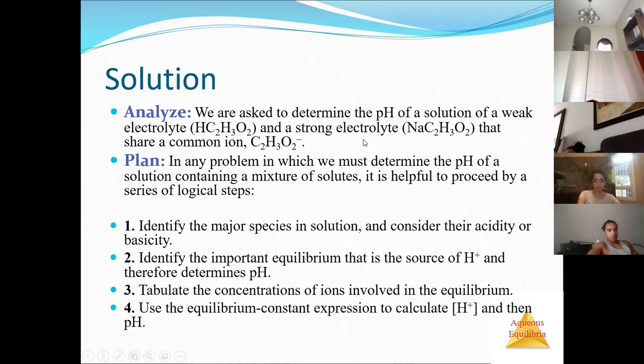We're going to determine the major species, determine their acidity or basicity. We're going to determine what the important equilibrium is, determine the H+, which determines the pH. We're going to do the ICE diagram and then calculate the H+.